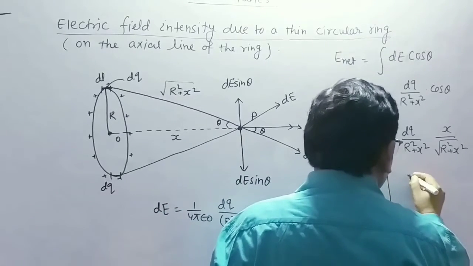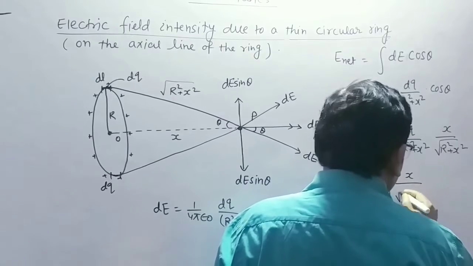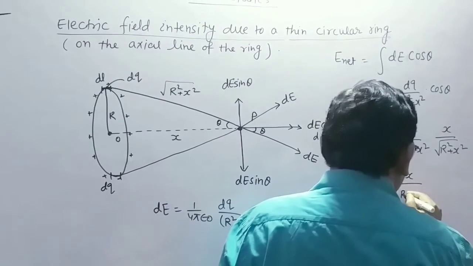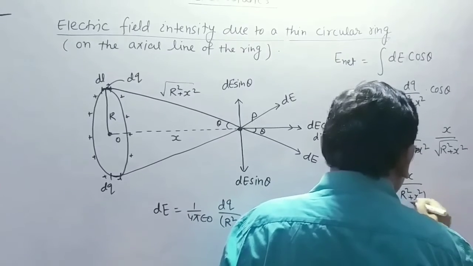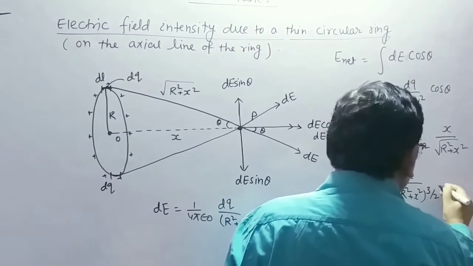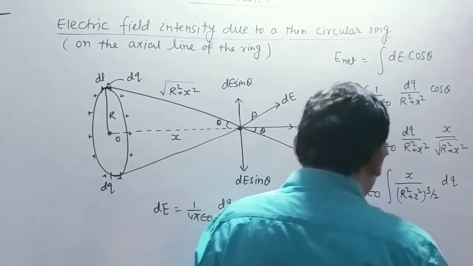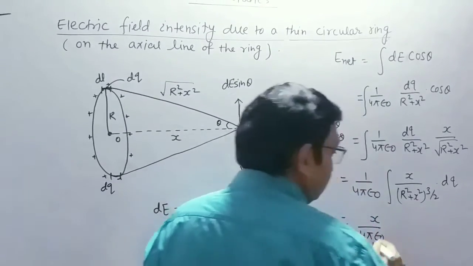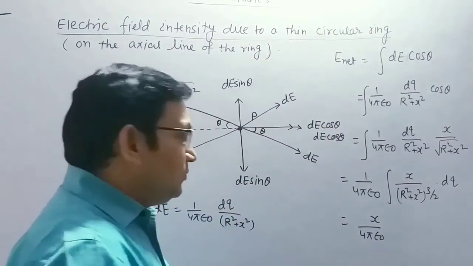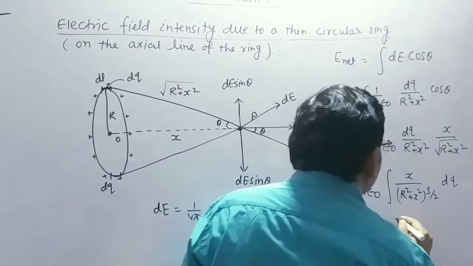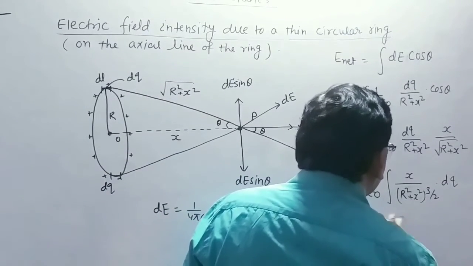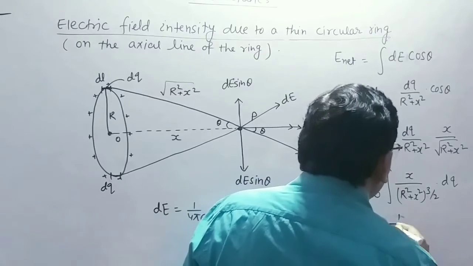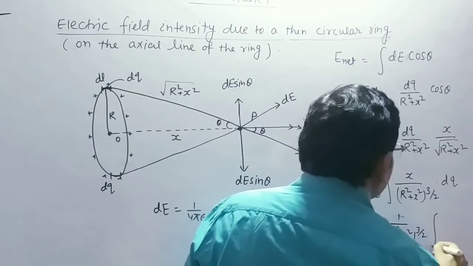Integration of x by root under r square plus x square to the power 3 by 2 dq. Finally x by 4 pi epsilon, 1 by r square plus x square to the power 3 by 2, integration of dq.